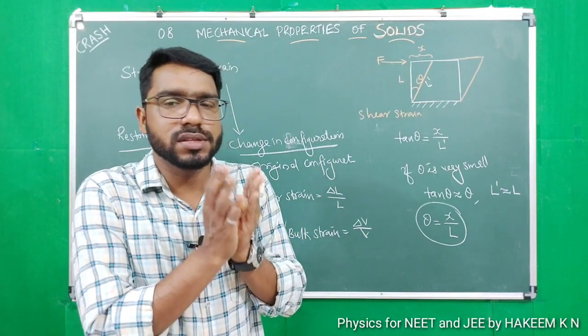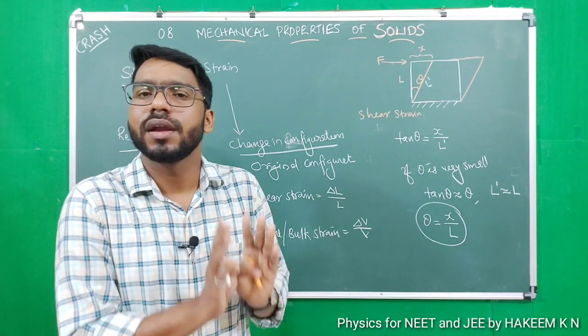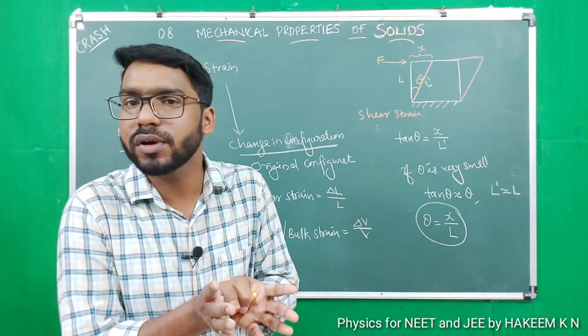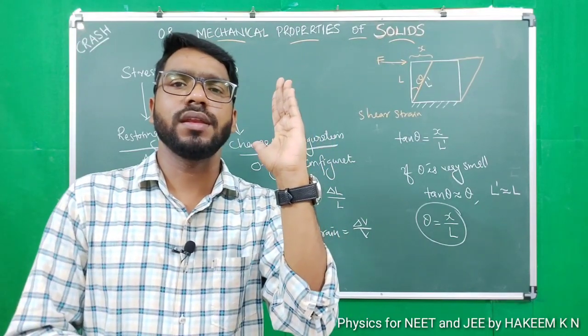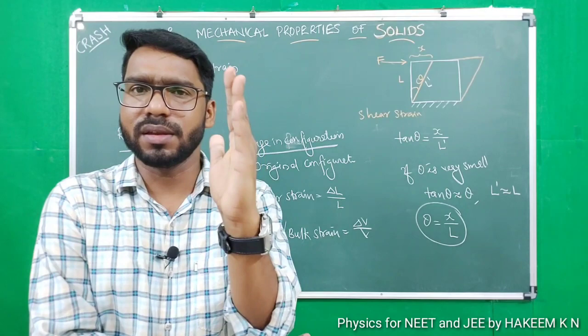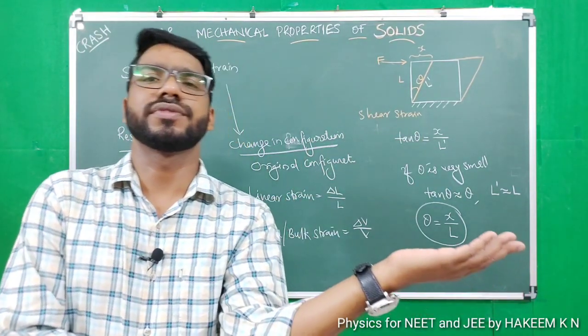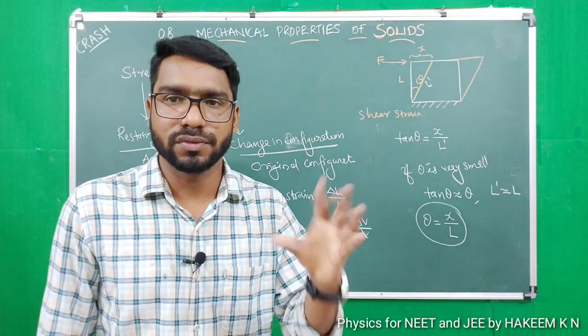Linear strain means change in length by original length. Volume strain means change in volume by original volume. Tangential strain or shear strain means angular displacement of a plane perpendicular to a fixed surface due to the application of a tangential force.